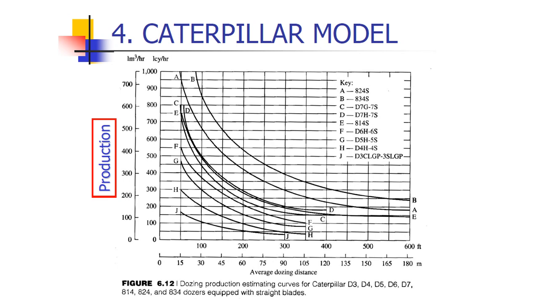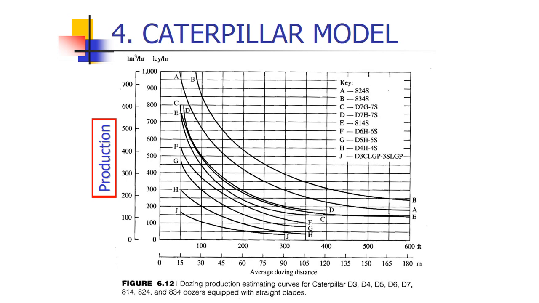So this average dozing distance for different models of dozers have different curves. Of course, the larger the dozer, the higher the curve, the higher the productivity. The larger the dozer in size, the higher the productivity, and of course the more the cost of owning such a dozer, or the cost of renting such a dozer.